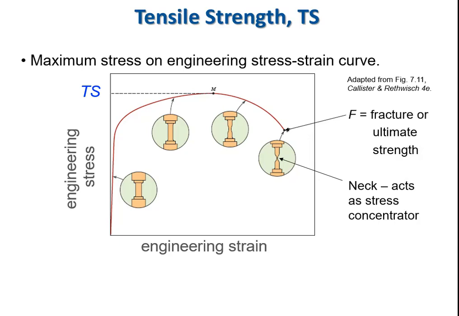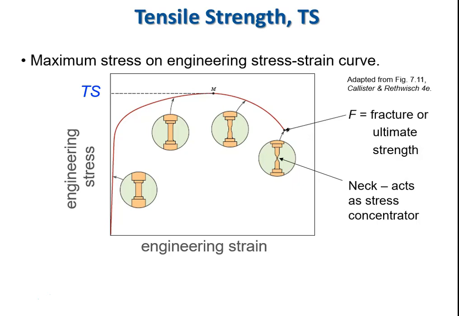And so we may have a higher load per unit real area, but because we're ratioing that load to the original cross-section area to define engineering stress, it's actually less. So if you took the actual load per unit area in that neck, it might be significantly higher. But because engineering stress is defined as the load per original area, the curve actually goes down.